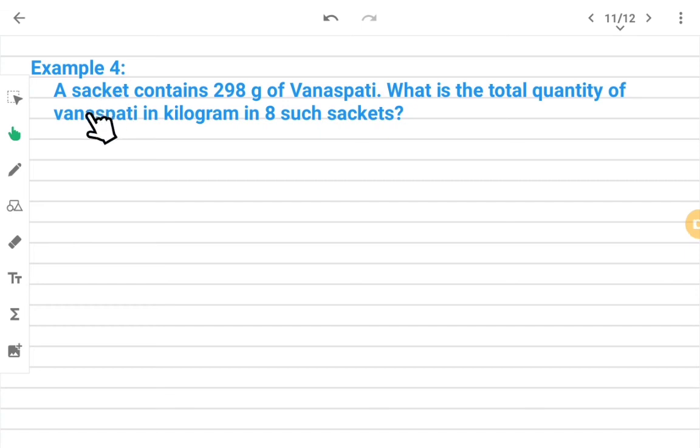Now we are moving on to example 4. A packet contains 298 gram of vanaspati. What is the total quantity of vanaspati in kilogram in 8 such packets? A packet has 298 gram, right? That is, one packet contains 298 gram.